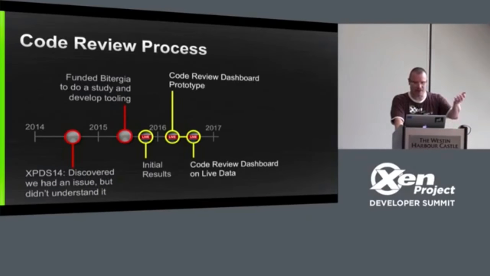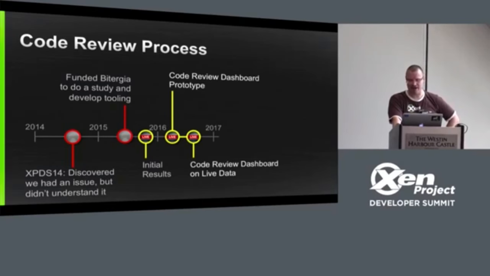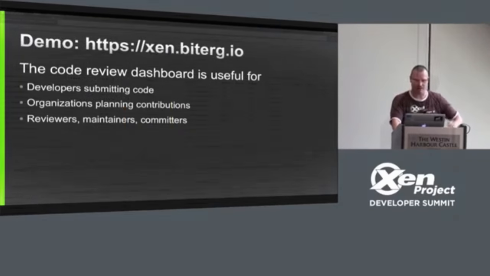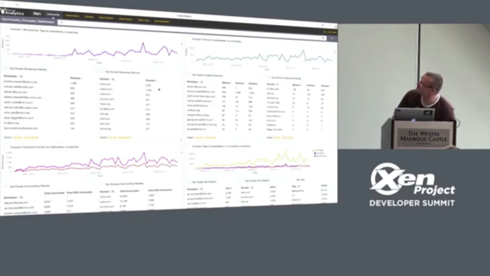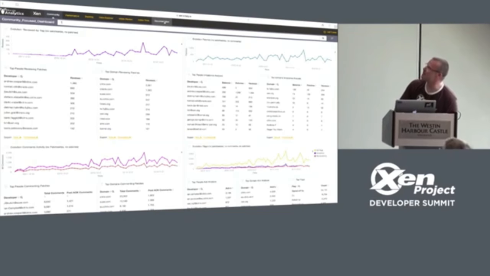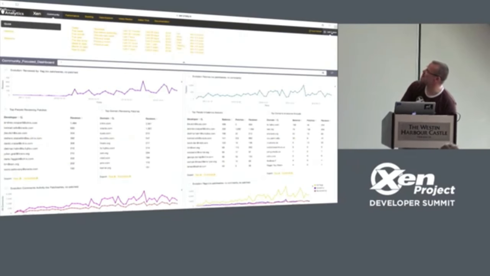Anyway, and then we developed the dashboard, and that dashboard is now operating on live data. All right, so basically, there's a documentation tab. If you click that, it links you to all the documentation. One of the key things about that is a thing called a time picker.